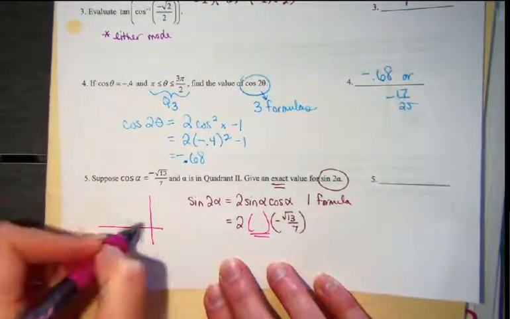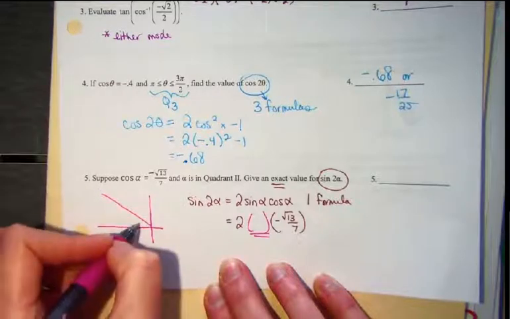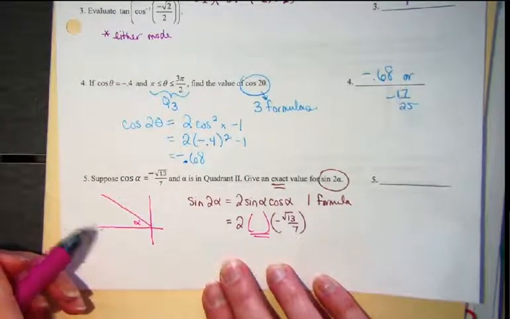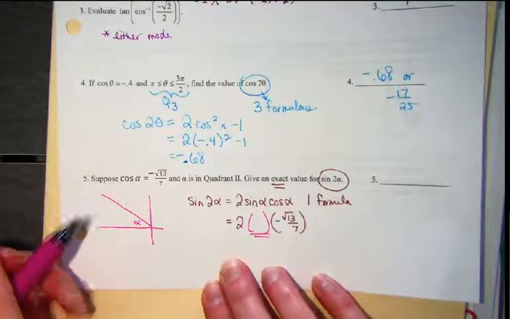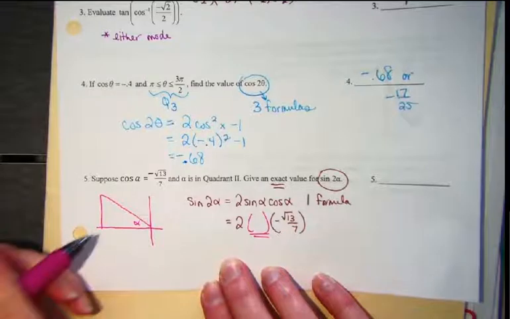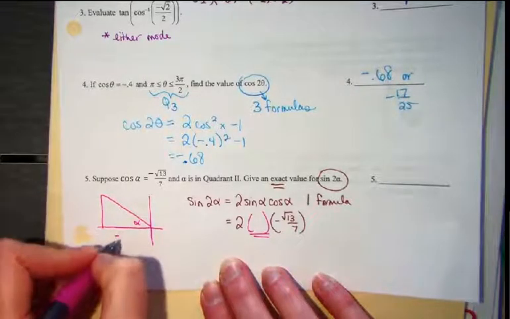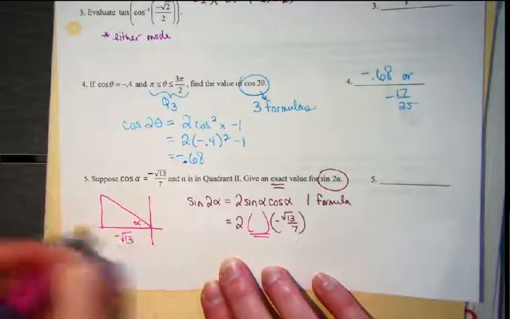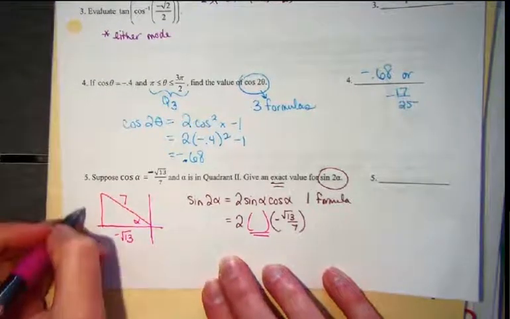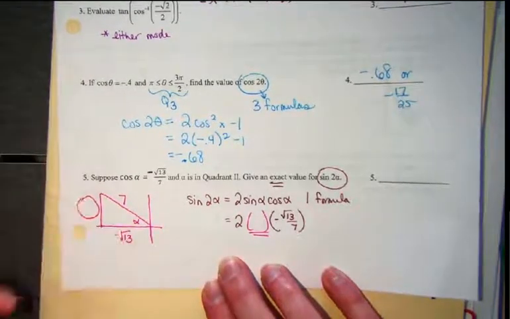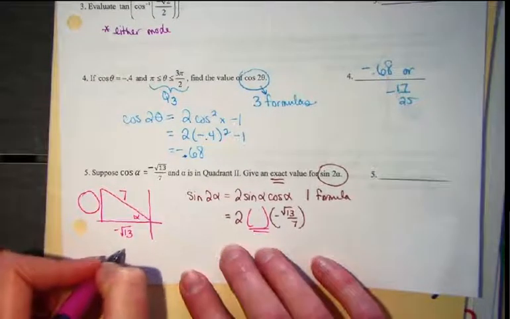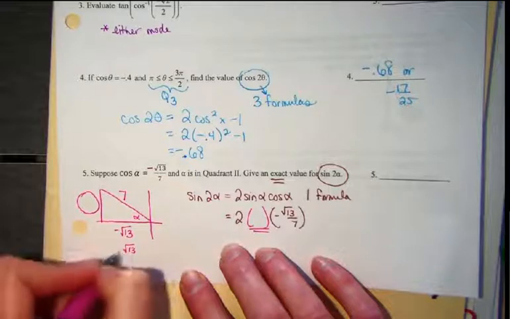I'm going to draw an angle up in quadrant 2 like it tells me. Up in quadrant 2, I have a cosine value. Cosine is adjacent, negative root 13, over hypotenuse, 7. I need to calculate the missing side of my triangle. Go ahead and calculate that missing side using Pythagorean theorem.